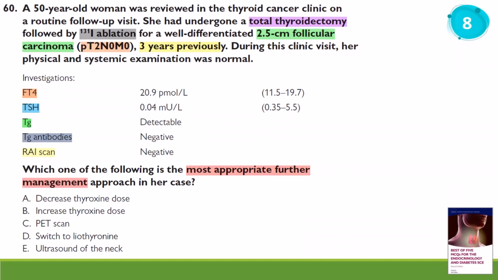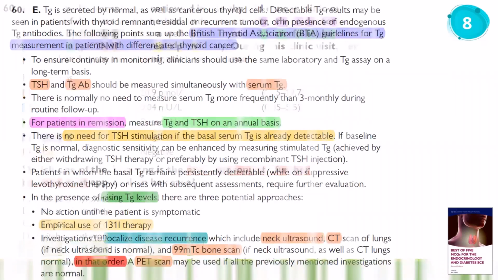But if TG is low, this may be due to the interference of TG antibody. So, we should follow clinically and by sonography. If you suspect recurrence, what is the best method for assessment of recurrence? By doing thyroid sonography. Thyroid sonography is the best modality for assessment of recurrence.